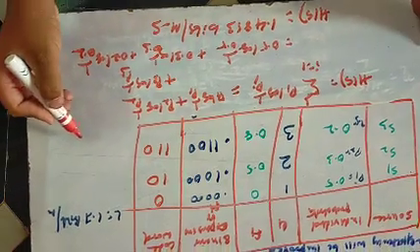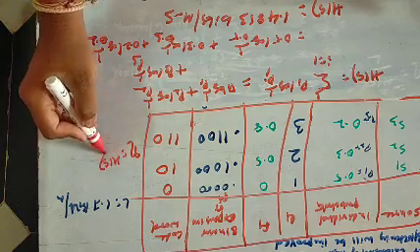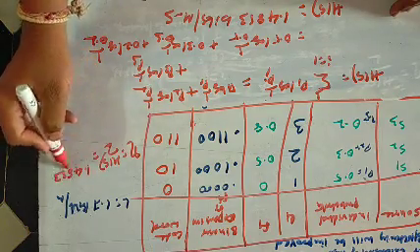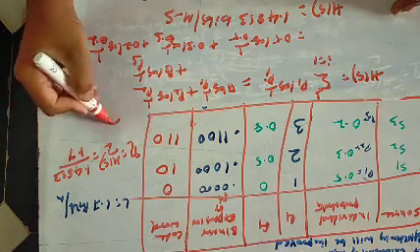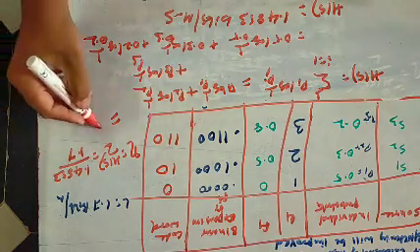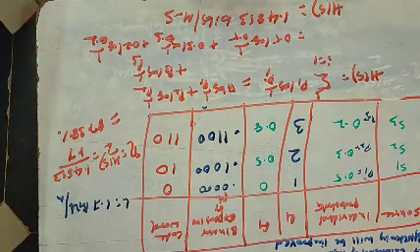So as per the formula, efficiency is H of S divided by L. H of S is 1.4853 divided by 1.7, and the efficiency is 87.38%.